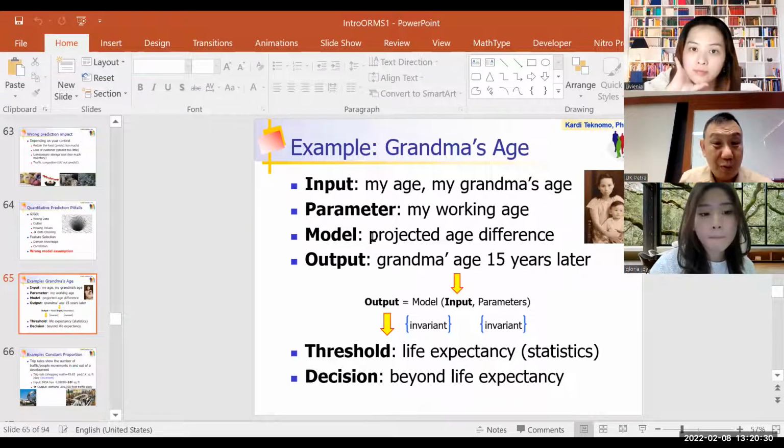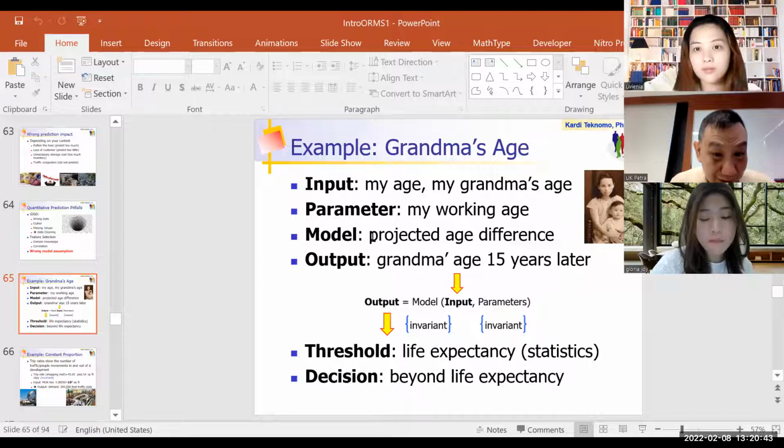The output will be the grandma's age 15 years later. And then there is a threshold. What is the threshold? There is a threshold of life expectancy from the statistics, and there is a decision in here. Well, if the age goes beyond life expectancy, then the decision is you probably died already, grandma.